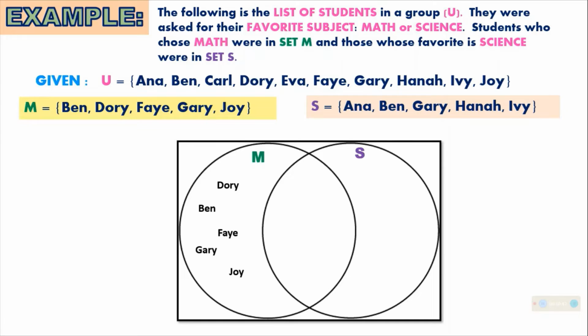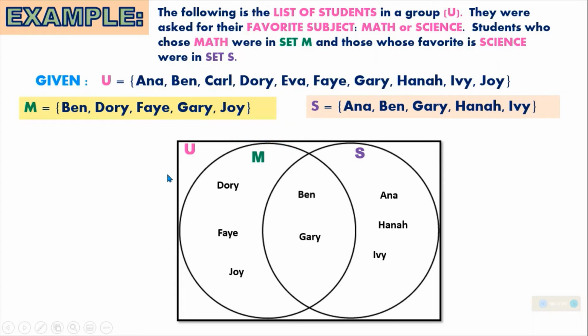In set S, we have Anna, Ben, Gary, Hannah, and Ivy. Kung mapapansin ninyo, napunta sa gitna si Ben and Gary, meaning silang dalawa ang common. Or gusto nila ang math, gusto nila yung science.